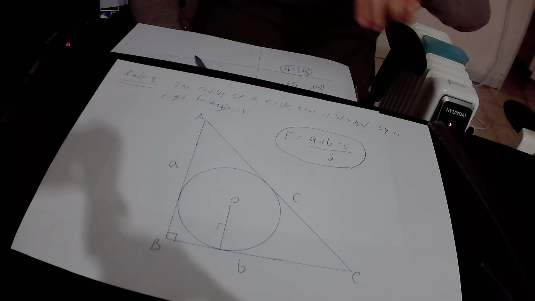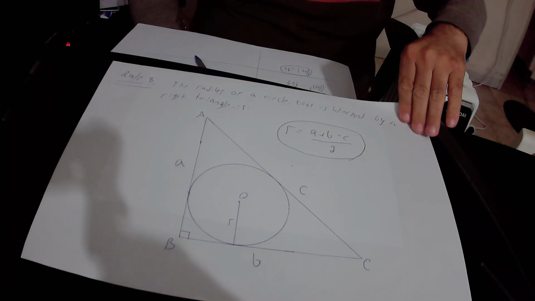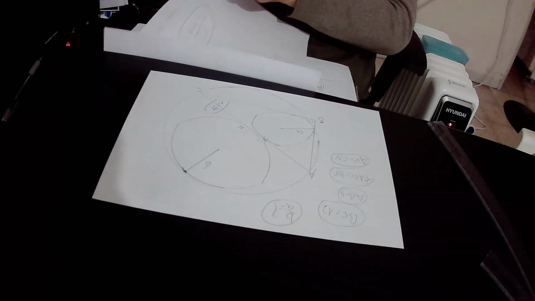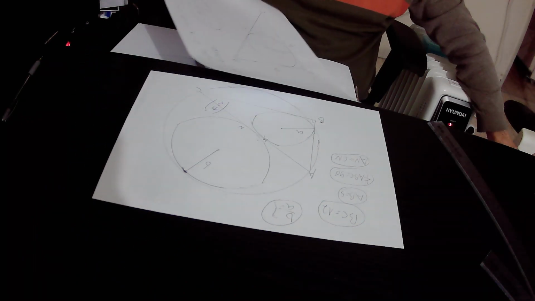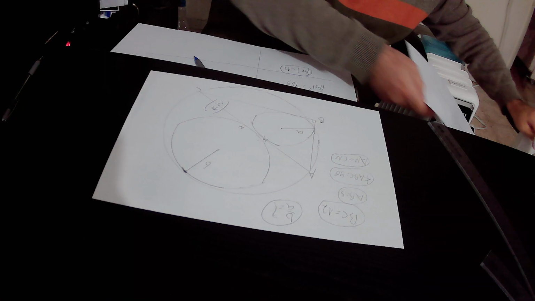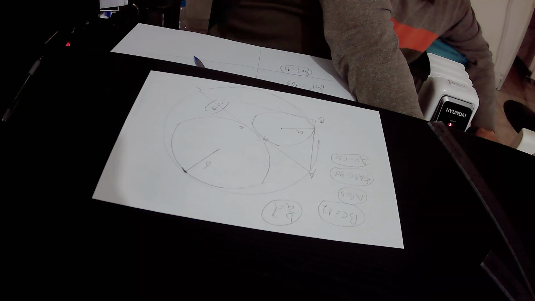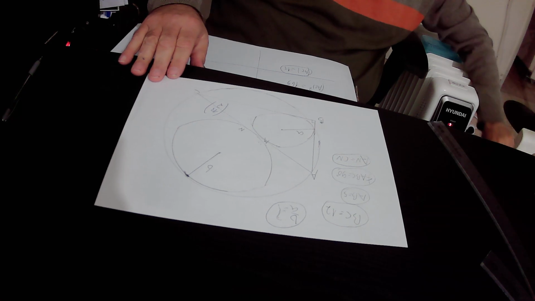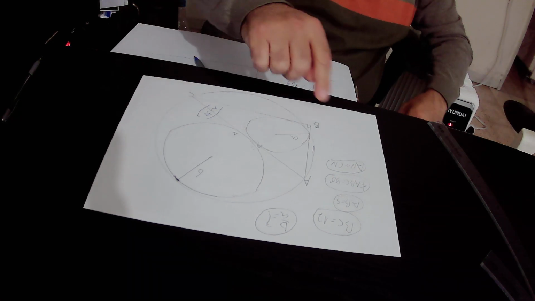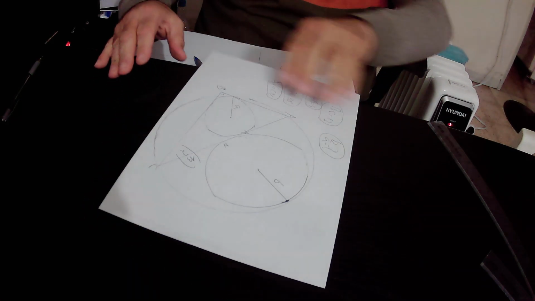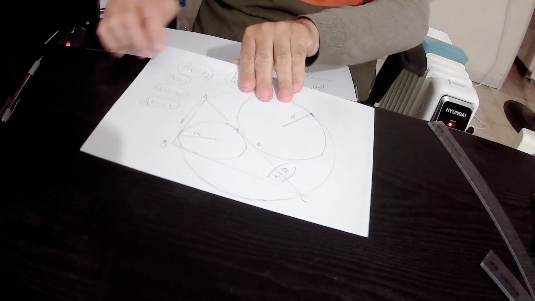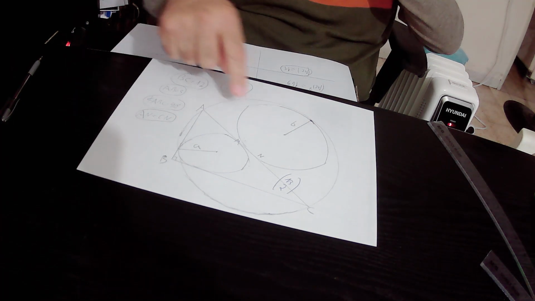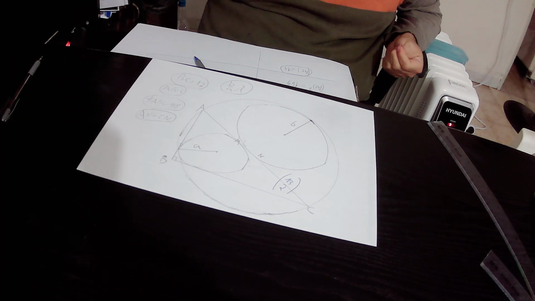Okay, so we can implement rule number 8 in our drawing. Why? Because in our drawing we have the right triangle ABC. Inside the right triangle ABC we have this circle that is blocked by the right triangle.